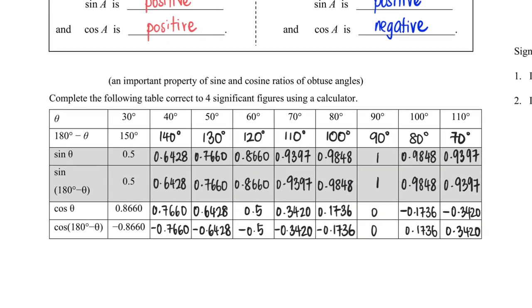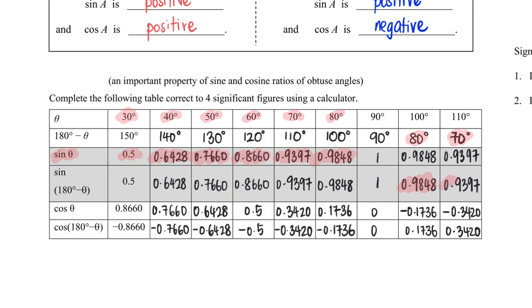Well, you could use a scientific calculator to key in all the values. This is the set of values for our activity here to observe the pattern, where you will see that for an acute angle, for sine, it is always positive, positive, positive, positive, positive.